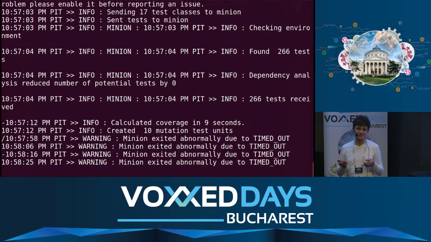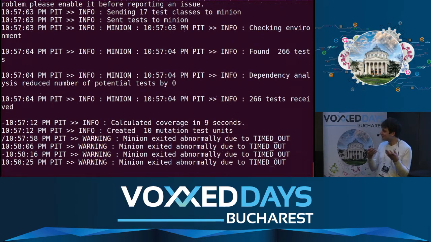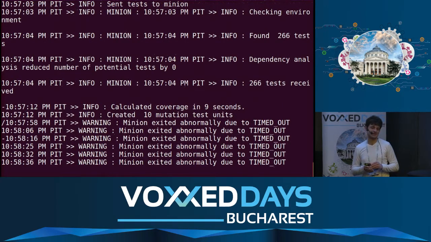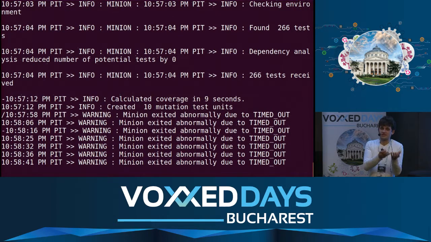If you would like to run it over your code base, which is probably larger than 10 classes, it may take some time. However, usually you run it over one class, the one whose test you are actually writing at the moment. Here you see a lot of mutations ended up in a timeout.